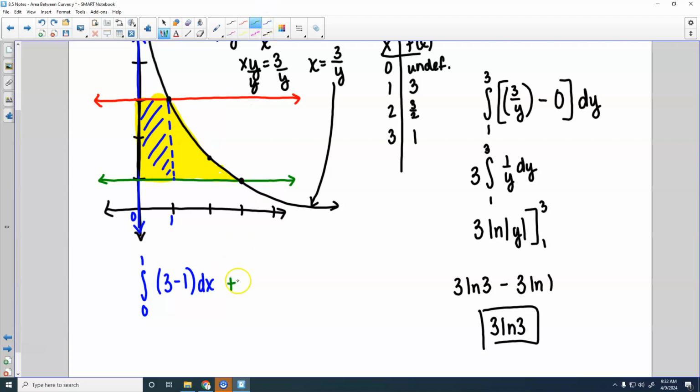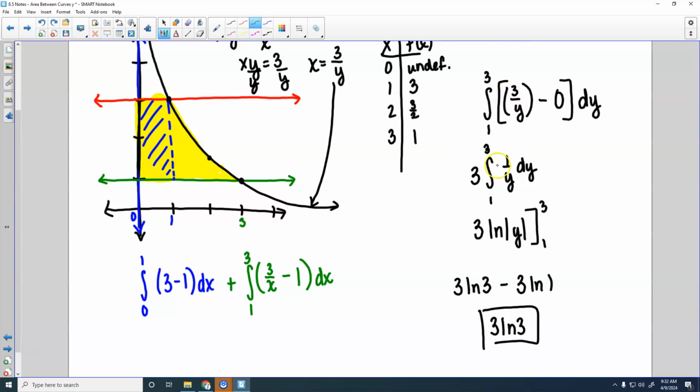Then you would have to integrate from 1 over here to 3, because this right here is at 3. And then you would have to do top function, which is 3 over x, minus the bottom function, which is 1, dx, like that.